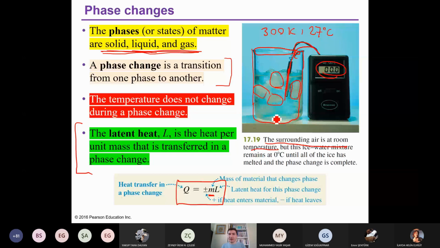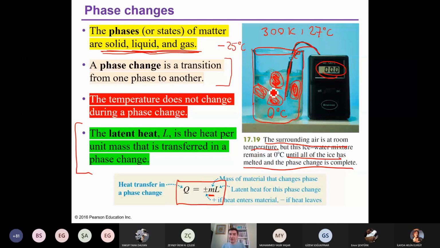Why? Until all of the ice has melted and the phase change is complete, we have this temperature, okay? So during the phase change, the temperature does not change. So these ice cubes melt, okay? And from solid to liquid, their phase will change, okay?